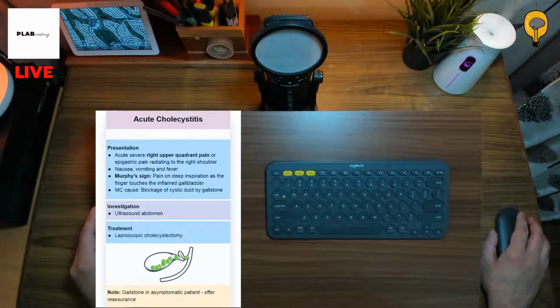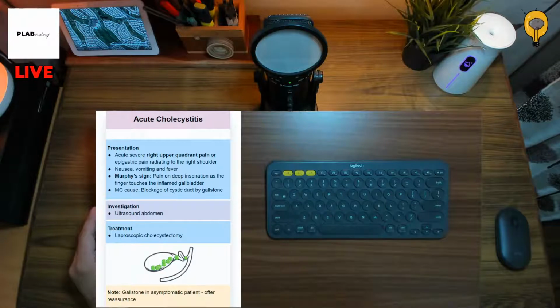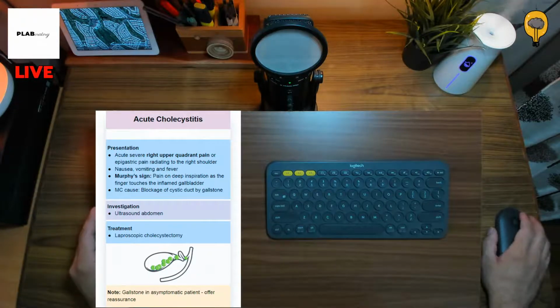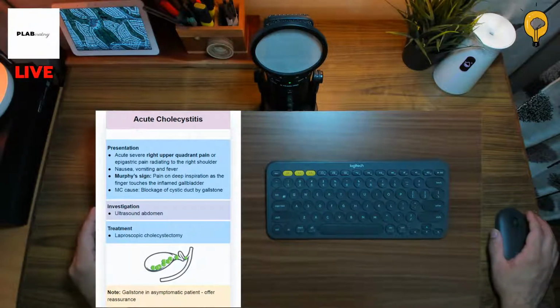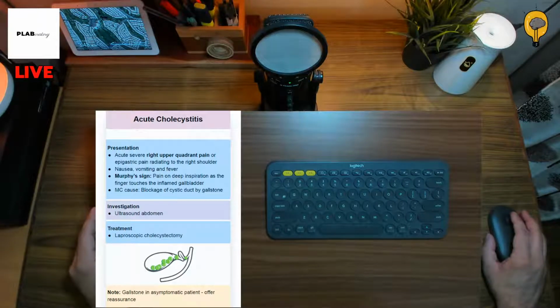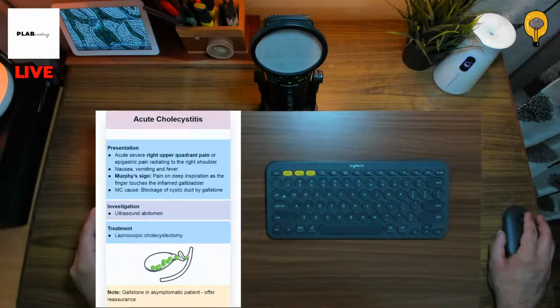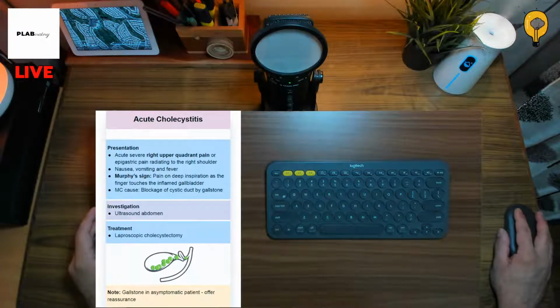The most common cause is blockage of the cystic duct, the neck of the gallbladder, by a gallstone. Investigation would be ultrasound abdomen. Treatment would be laparoscopic cholecystectomy. For a gallstone in an asymptomatic patient, offer reassurance.